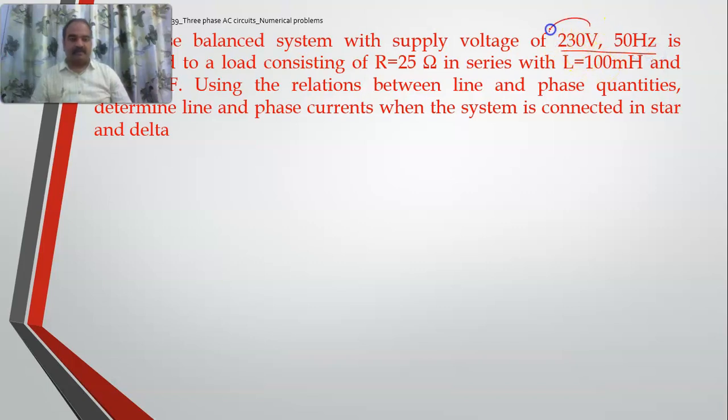This is a line voltage, and only the RMS value will normally be given. So this is your line voltage at RMS, this is your frequency, this is your R, this is your L and this is your capacitance, right? So which means that you do have this as your impedance.